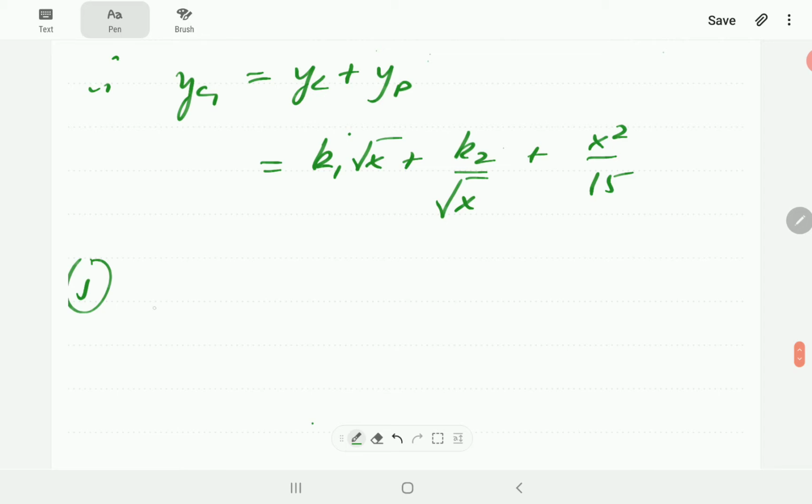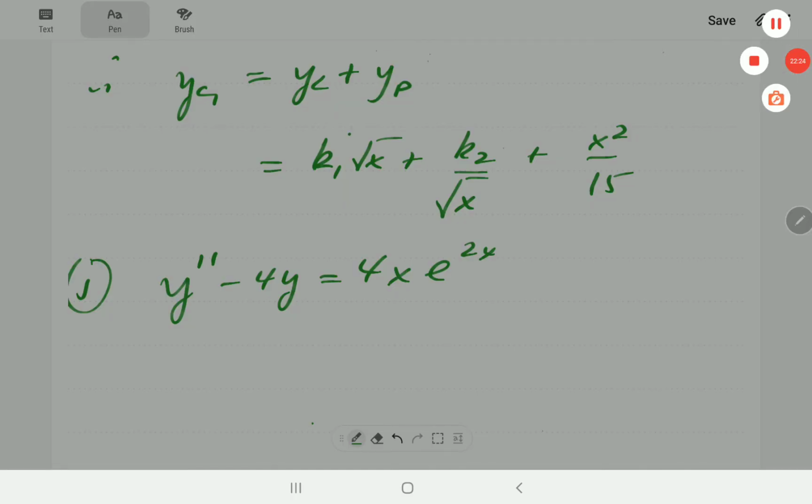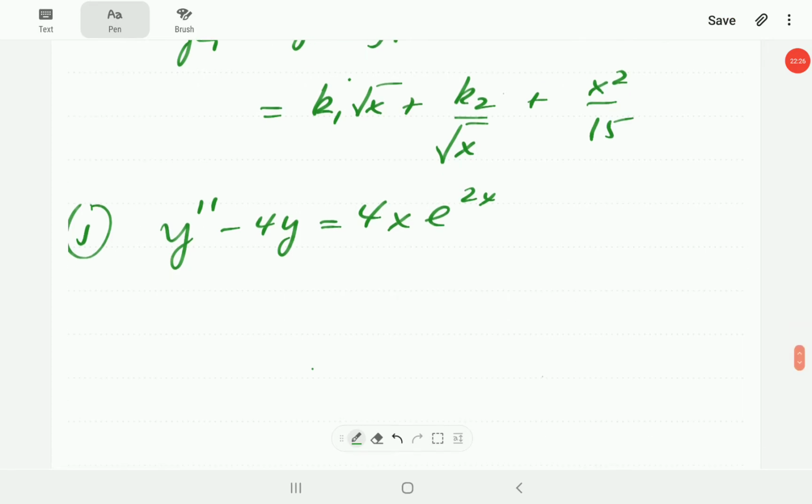In J we have got y double prime minus 4y is equal to 4xe to the 2x. I'm going to jump straight to the complementary solution.